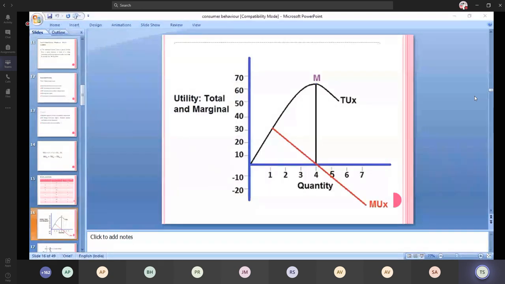This diagram is an attachment used only in the online classes to show the shape of the total utility and the marginal utility curves. And in our example it starts from the same point, 10. Is it clear? Yes, ma'am.